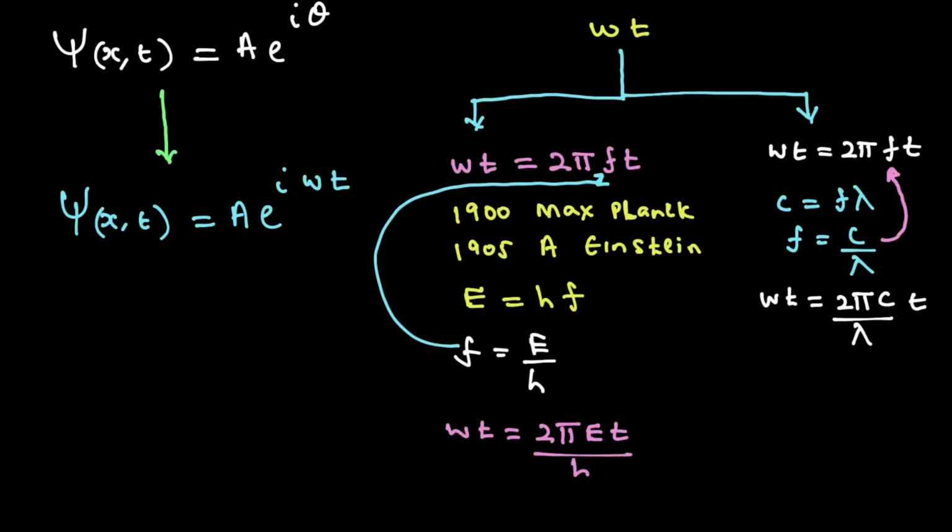But at the same time, we know what c is. c is basically equal to x over t.